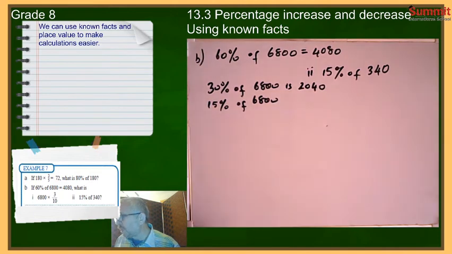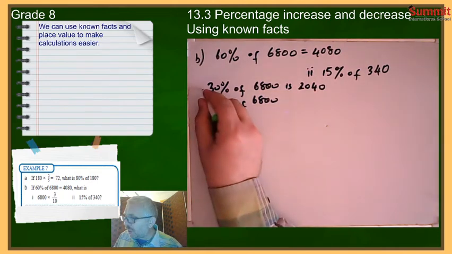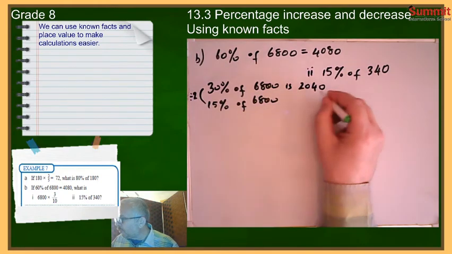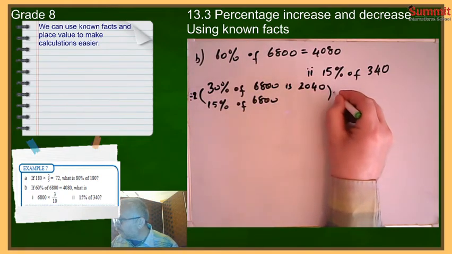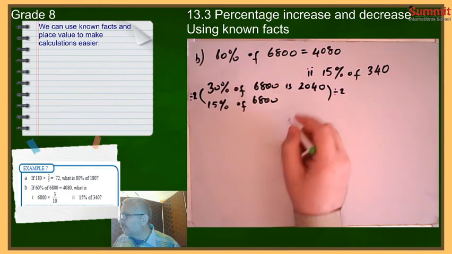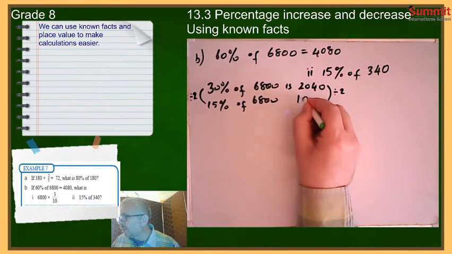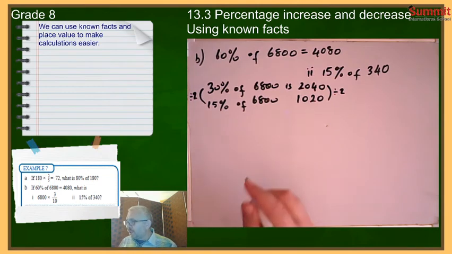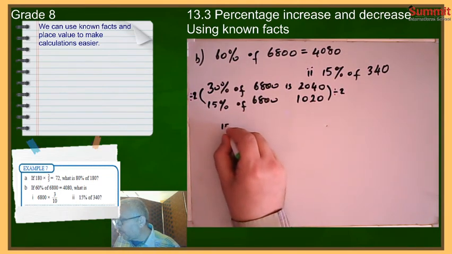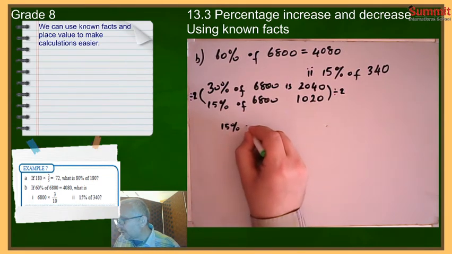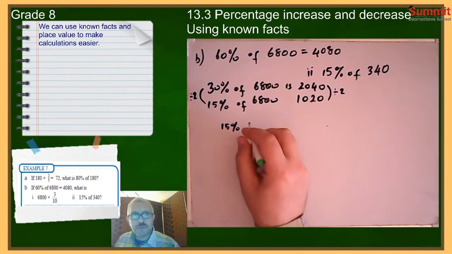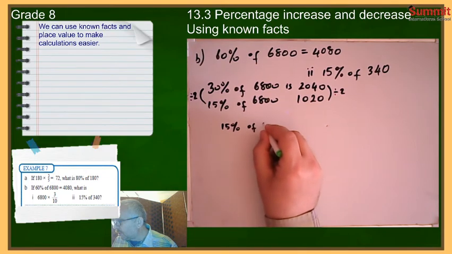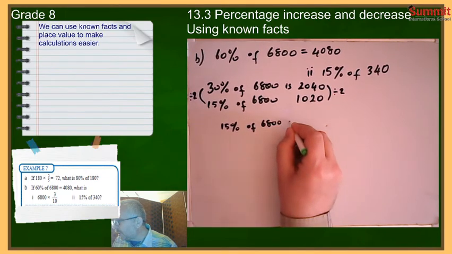As you see, it's halved here, divided by 2, then we divide this one by 2. It will be 1,020. Now we say 15% of 6,800 is 1,020.